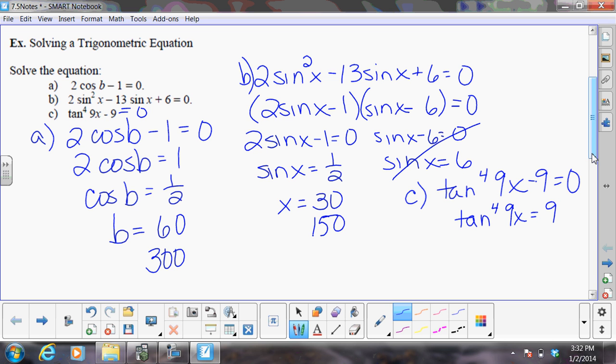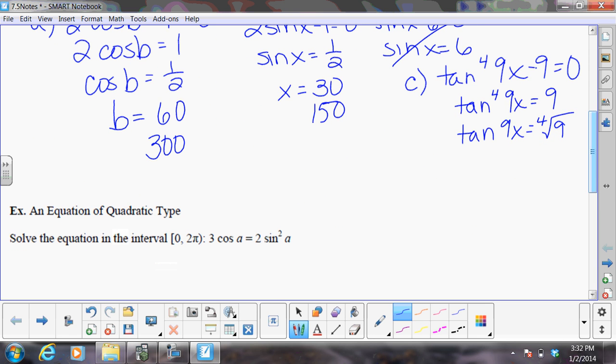Then I need to take the fourth root of it to get just tan 9x. So this is the fourth root of 9, which is actually positive and negative square root of 3, because the square root of 9 is 3. If you take the fourth root of 9, it'd be the square root of the square root of 9, so the square root of 3.